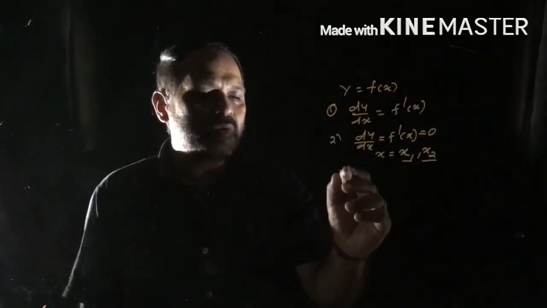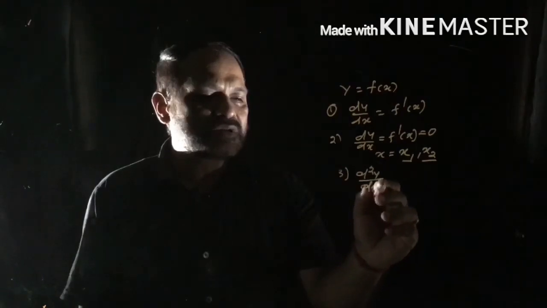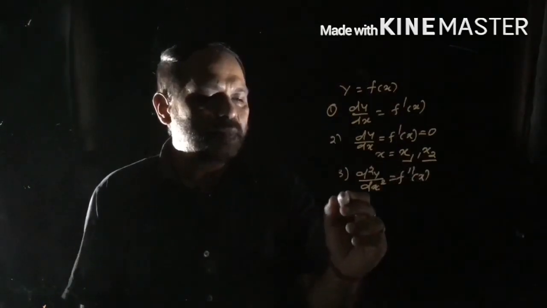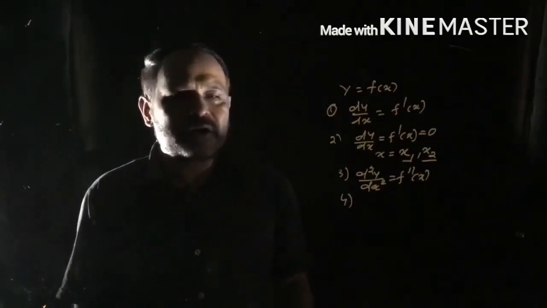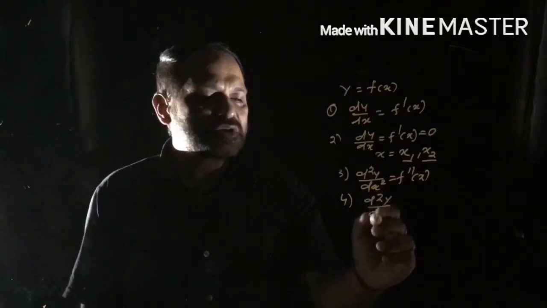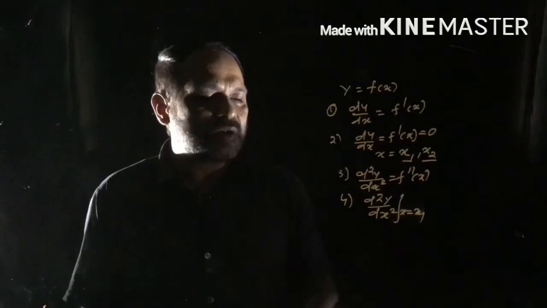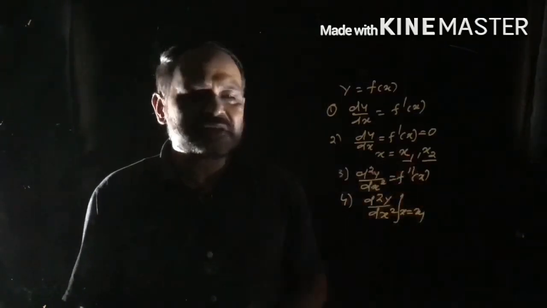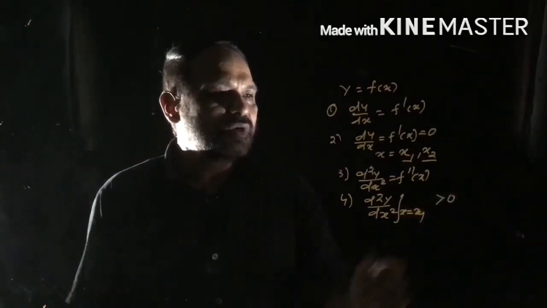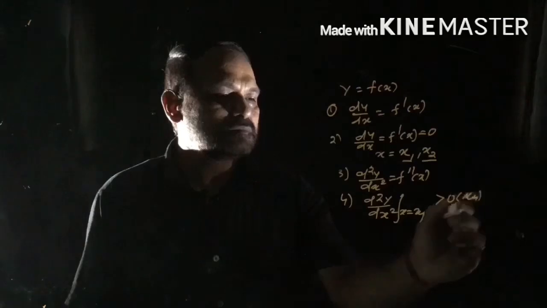Therefore, we have to find the double derivative, that is d²y/dx² or f''(x). Then put the value of the extremum point in the double derivative. If d²y/dx² at x = x1, the first extremum point, is greater than 0, then the function is minimum.